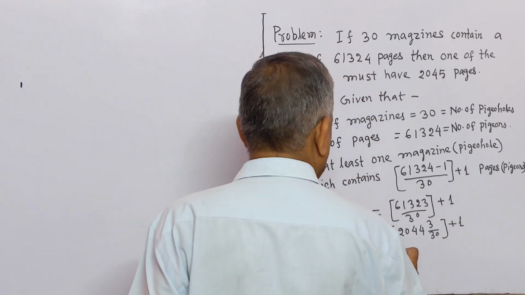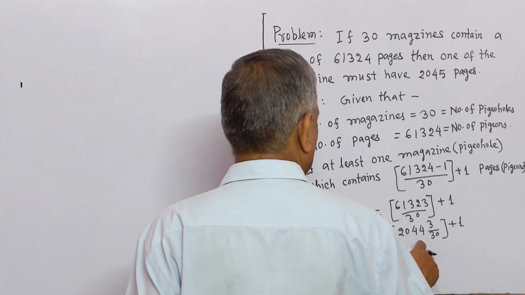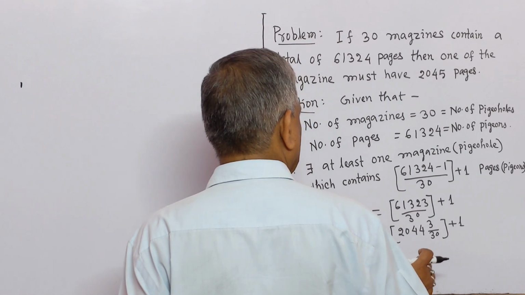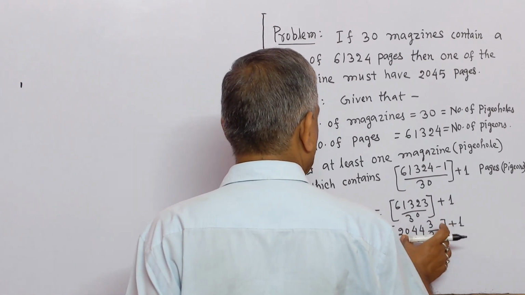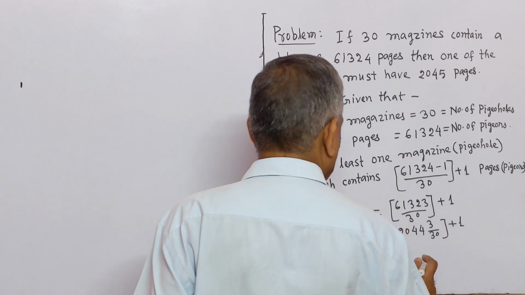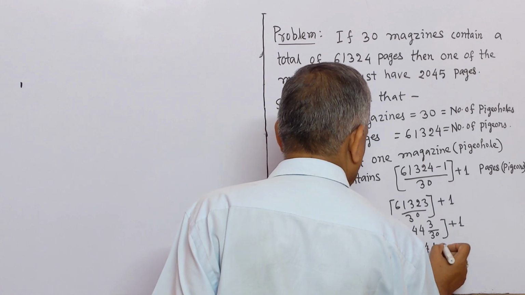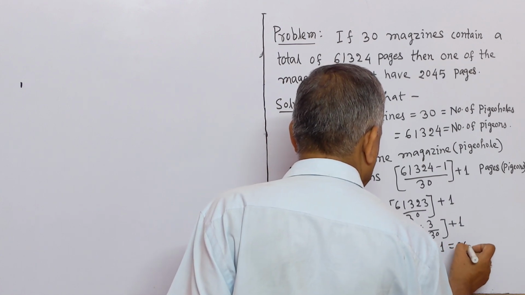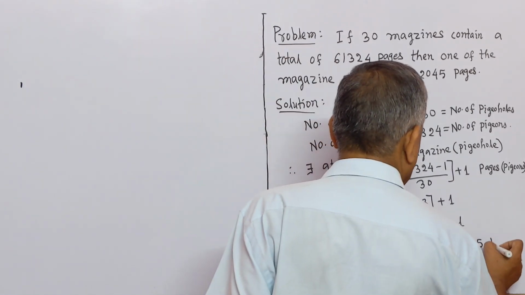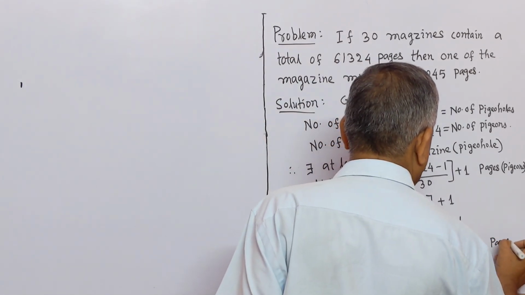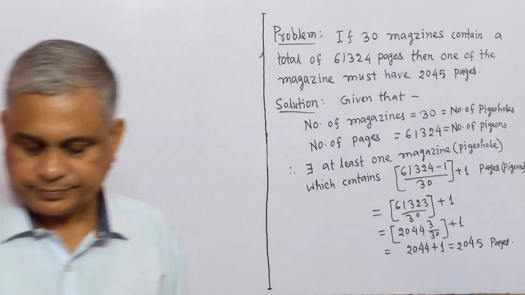This is not an integer, so this will be equal to the greatest integer less than or equal to this value, which is 2044 plus 1. That means 2045 pages. So our problem is solved.